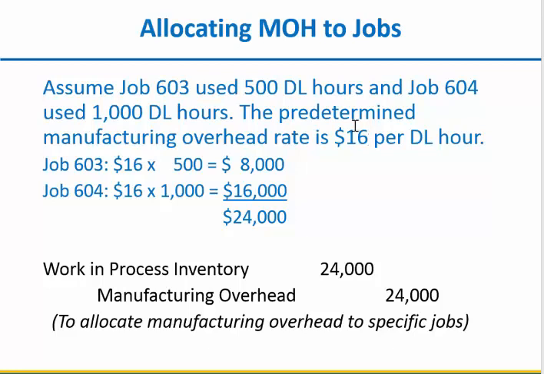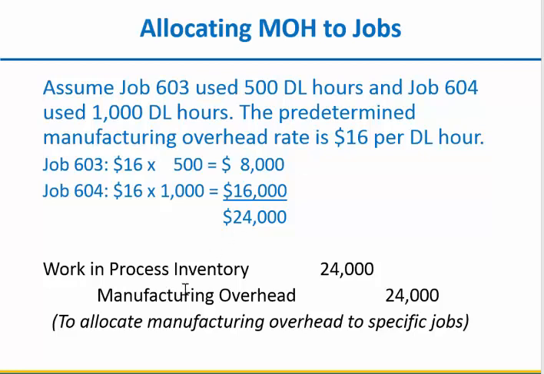So we can apply this predetermined manufacturing overhead rate to each job according to their actual direct labor hours. So simply you multiply 16 by 500 and 16 by 1,000 respectively. So you can find their allocated manufacturing overhead cost.